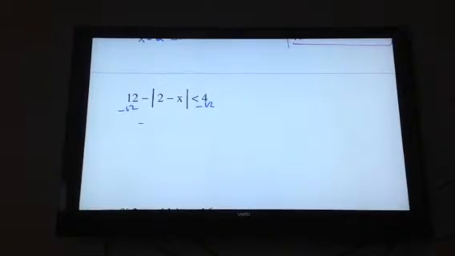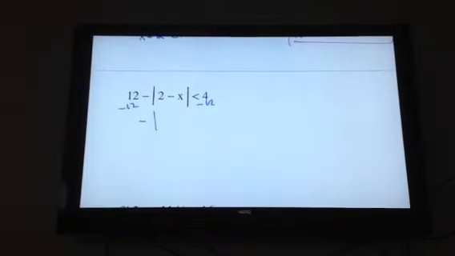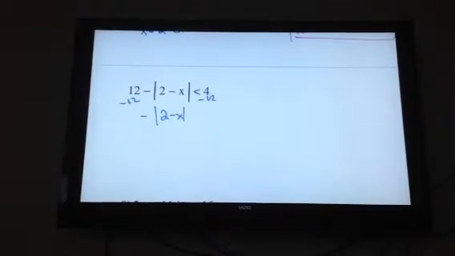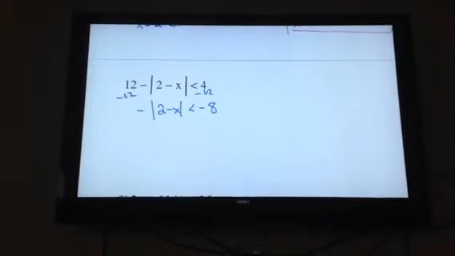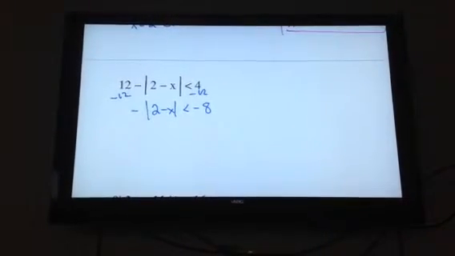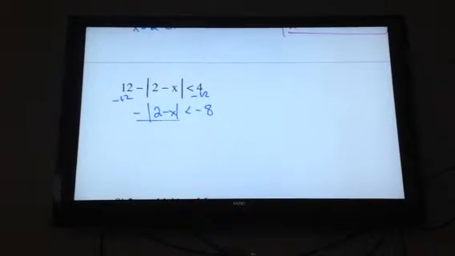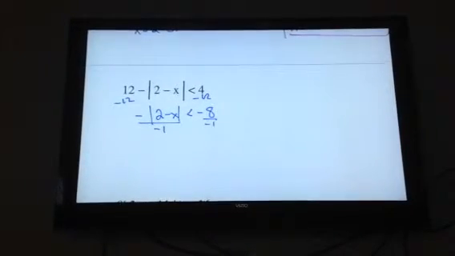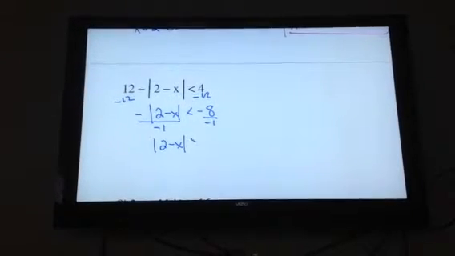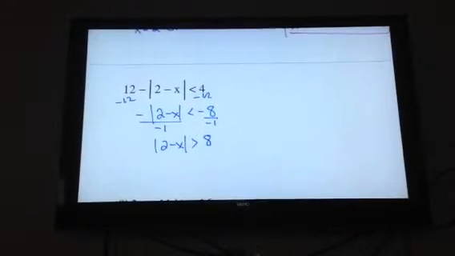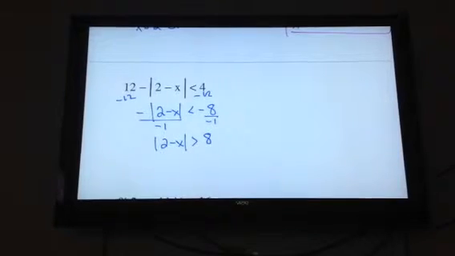So I have a negative absolute 2 minus x is less than negative 8. I'm going to now divide by negative 1. Ding, ding, ding. I'm dividing by a negative on an inequality, so I'm going to switch the direction of the symbol to greater than, and then negative 8 over negative 1 is positive 8.